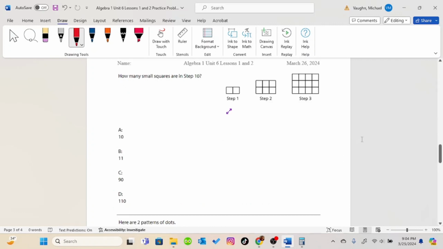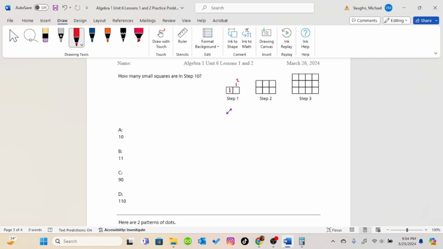How many small squares are in step 10? What we need to do is find the pattern. So what you can notice is in step 1, I have 1, and then I have a square that is 1 by 1.